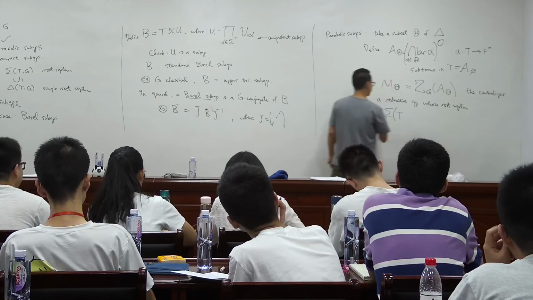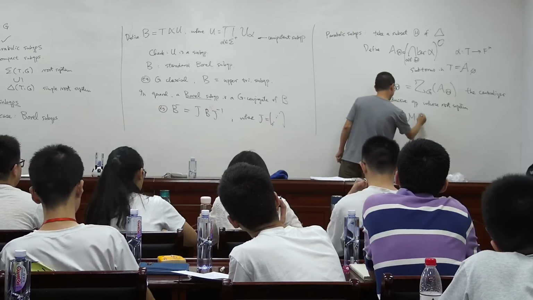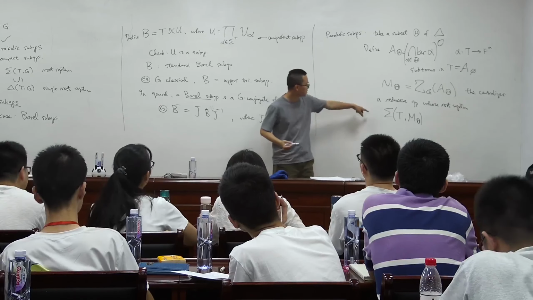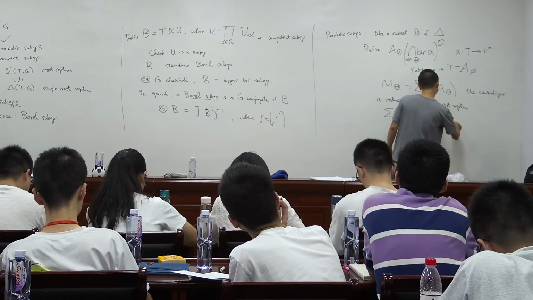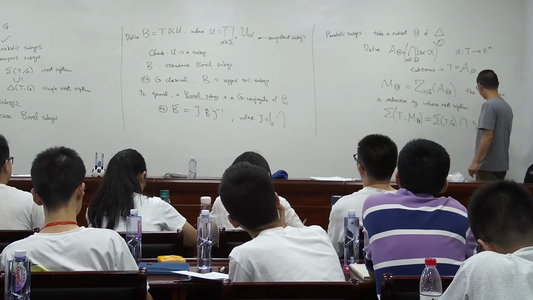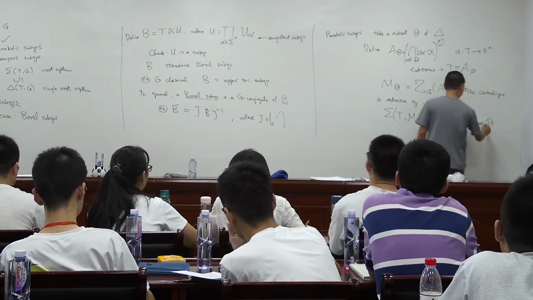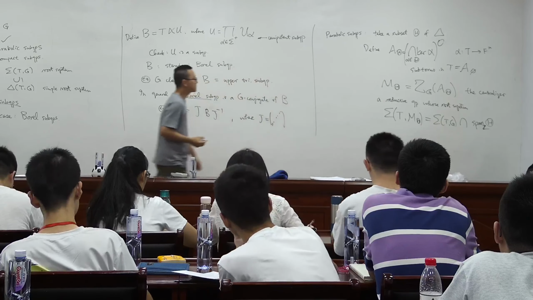I'm talking about the root system of T inside M theta. This reductive group has root system being those roots lying in the integral span of theta.